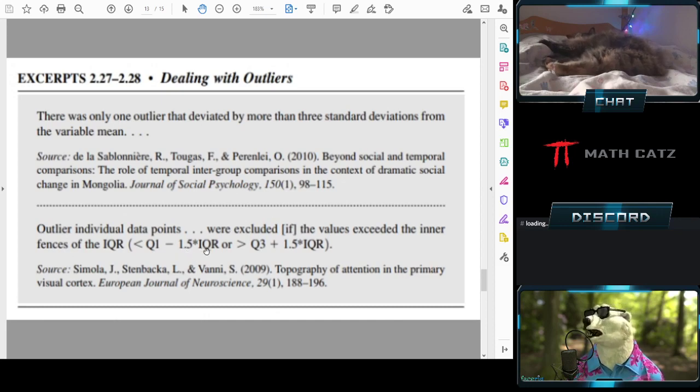By 1.5 times the interquartile range, above or below the box, which is the first quartile, 25th percentile, and the third quartile, which is the 75th percentile. So this is exactly what SPSS did as well. I say this because there is some variation on when a score is considered an outlier.